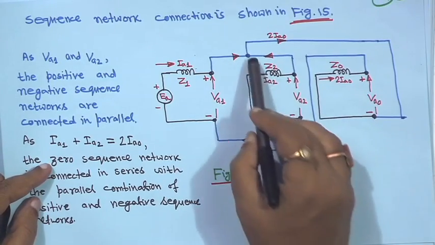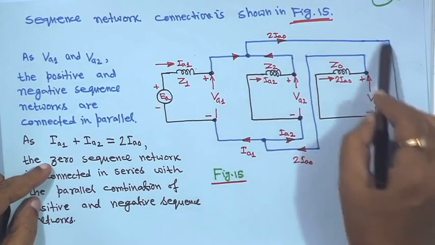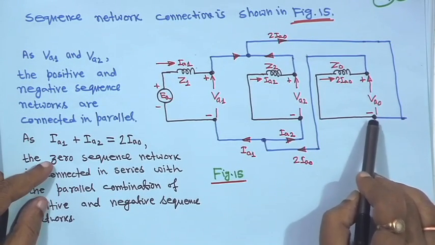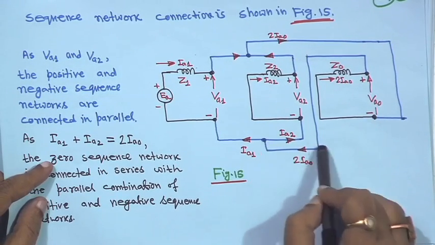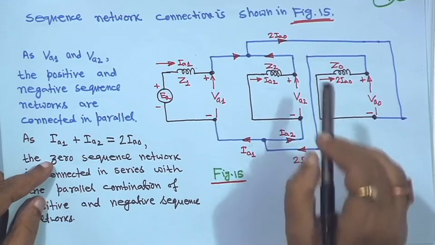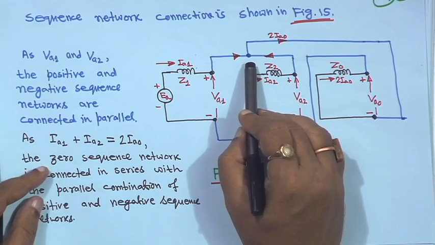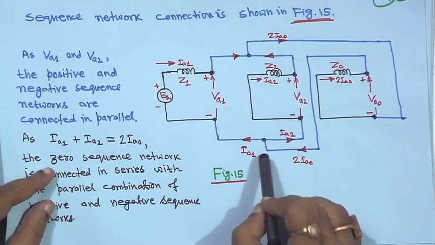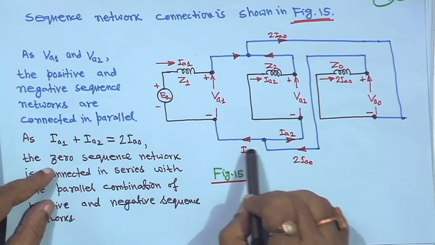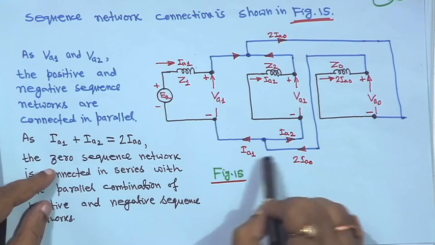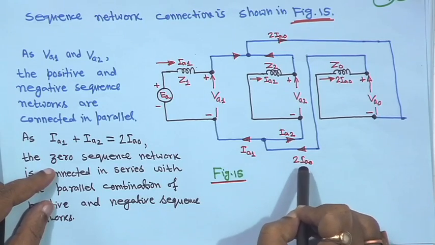From here it will come to the negative terminal, and from the positive terminal it will be connected here, such that if you apply KCL, I A 1 plus I A 2 is equal to 2 I A 0. Both the currents I A 1 and I A 2 are leaving and this is entering, so the same philosophy holds.